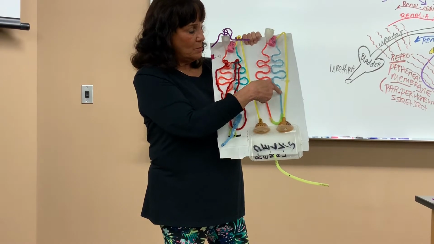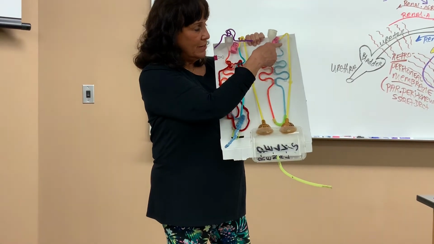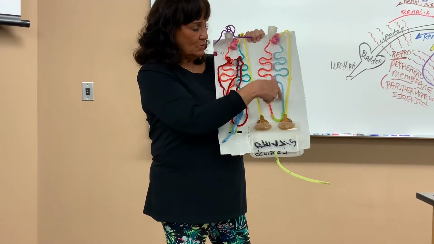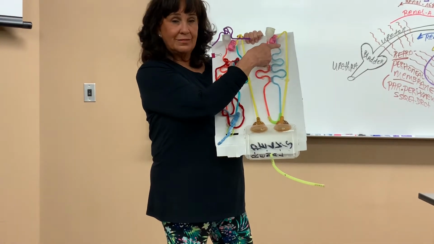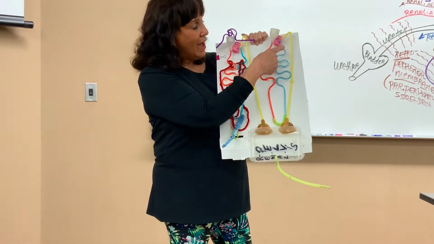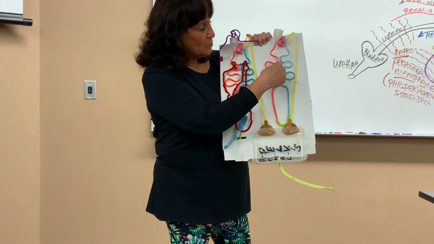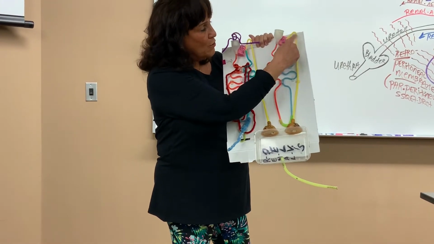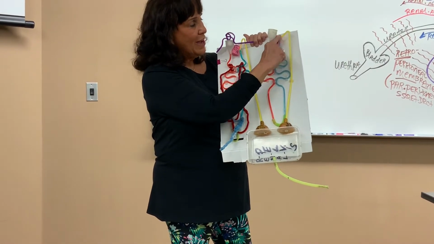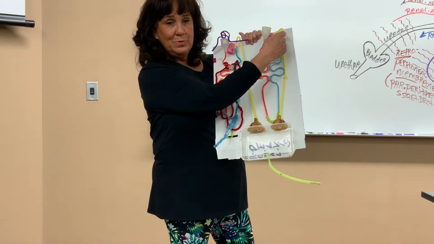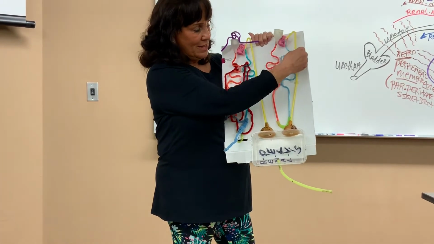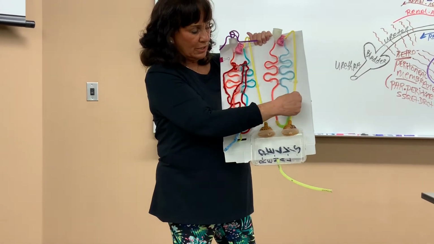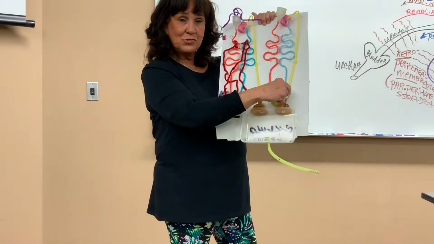And then we're going to come up this twisted tube again, the blue one. Now this is called the DCT, the distal convoluted tubule. And then it's going to arch over, and that's called the arch tube, simple cube again. And then there's this big, long, yellow, straight tube.